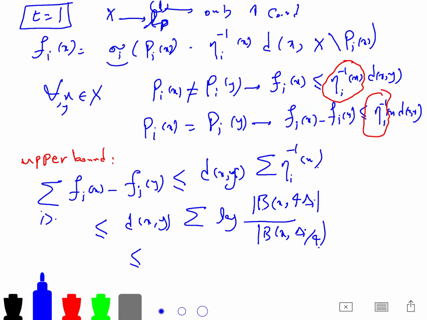And fortunately, this is less than order of log of n, d of x y. So good embedding, but this is the upper bound.